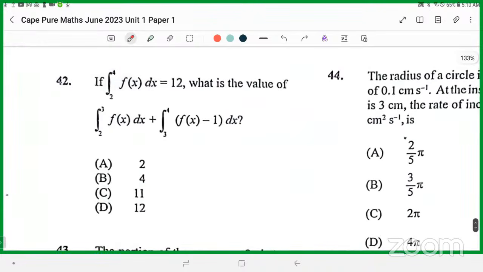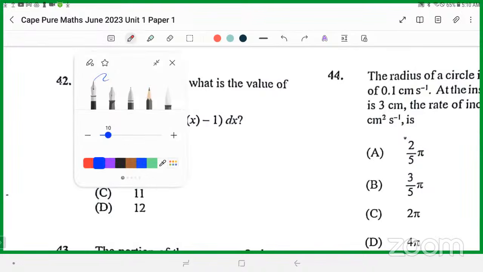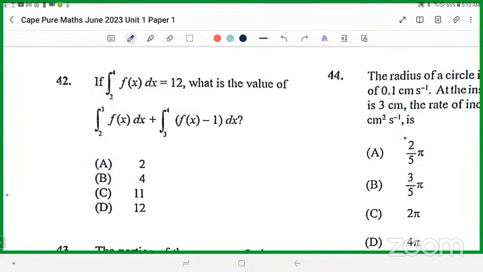This one is an advanced question as well. It's an advanced paper. The integral from 2 to 4, they tell us that this is 12, and they want us to work this out, right? All right, so I want to break this up. So this is going to become the integral from 2 to 3 of f of x, I'm going to leave out the dx for now, and I'll split this up.